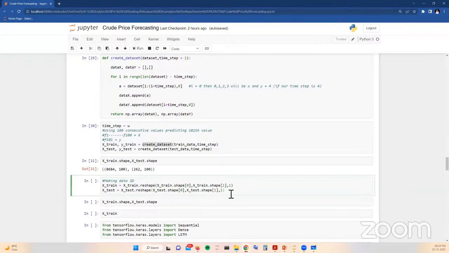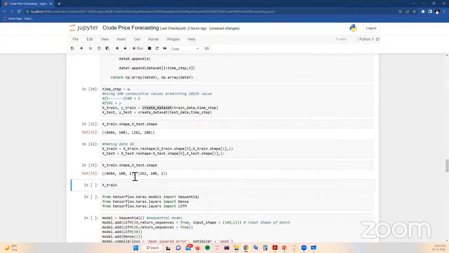And as LSTM requires a 3D type of structure, I'm just reshaping it and adding one new dimension here of 1. This last dimension, what does this shape signify? These are the training and test shapes that we generally feed our neural network.